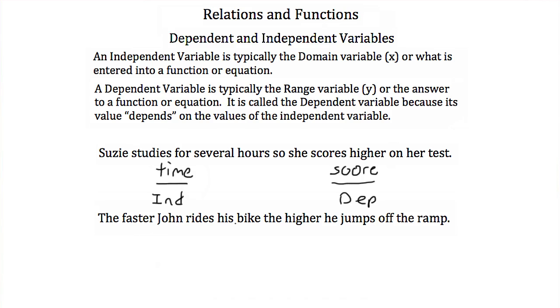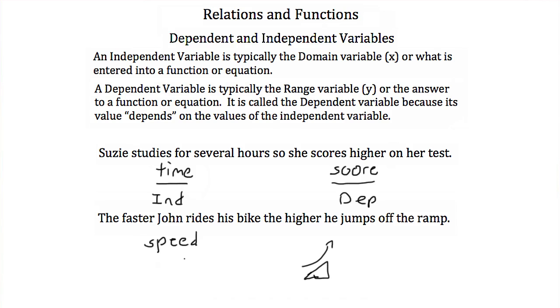The faster John rides his bike, the higher he jumps off the ramp. So what we're measuring here is the speed John travels at and the height he gets on his ramp. So is the height he gets off the ramp dependent on the speed, or is the speed dependent on the height?